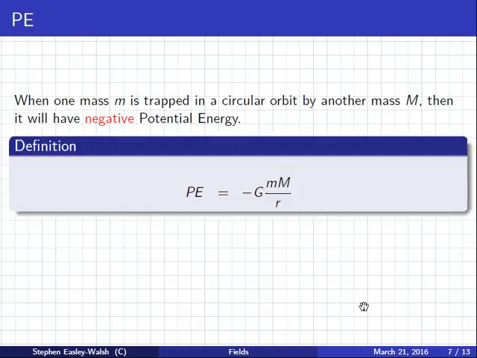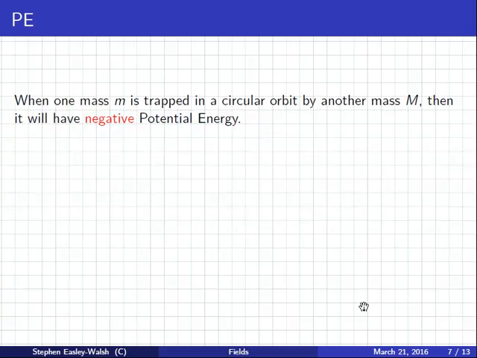In the case of the Earth, it means lower than the ground. But in the example of a proton and electron, the electron is trapped because you need energy to ionize, to free the electron. So it's also trapped like this, in the field.